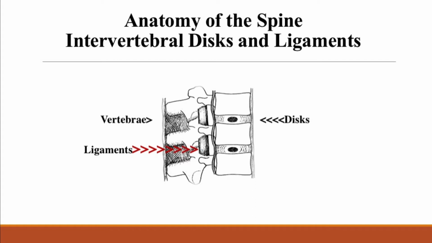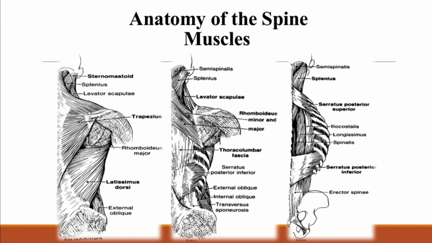This fact also explains why older people lose their height. One of the reasons is because their spinal discs are degenerating. Another interesting fact is that you are taller in the morning than in the evening because of the changes in disc height. The muscles of the spine are quite extensive and consist of both deep and superficial muscles.